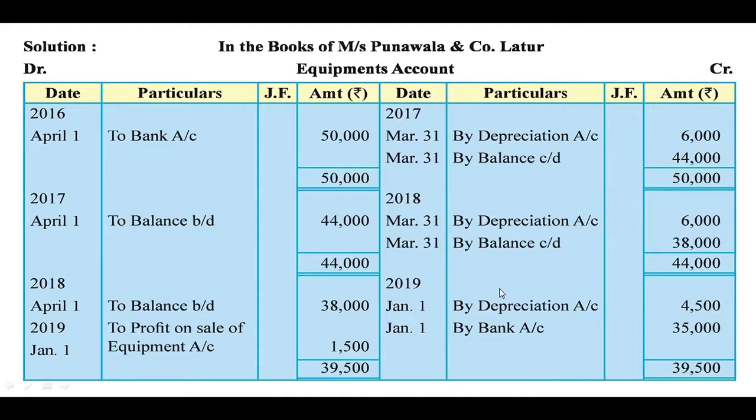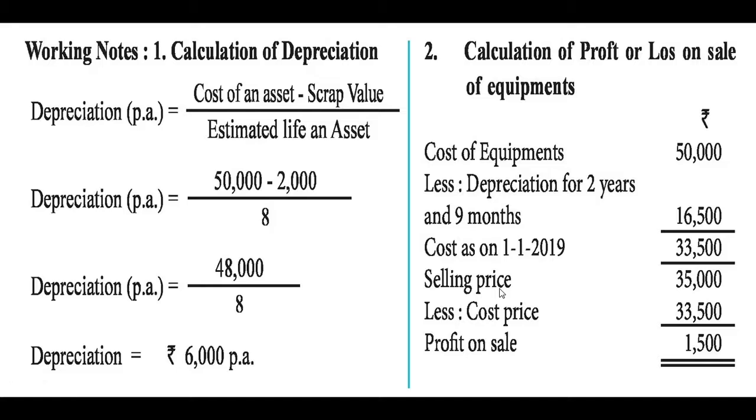Therefore, the total depreciation is 16,500. See here the calculation of profit or loss on sale of equipment is given here. There is a printing error. Cost of the equipment is rupees 50,000 less depreciation for 2 years and 9 months 16,500. So the written down value or the cost on 1st January 2019 when the equipment is sold is 33,500.